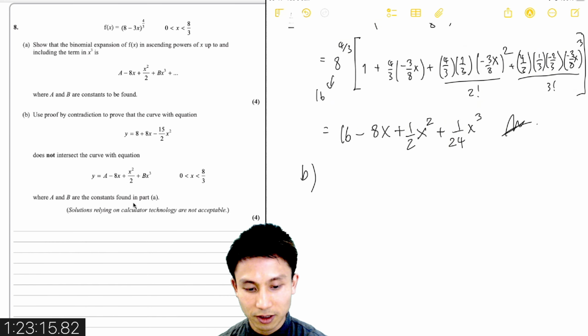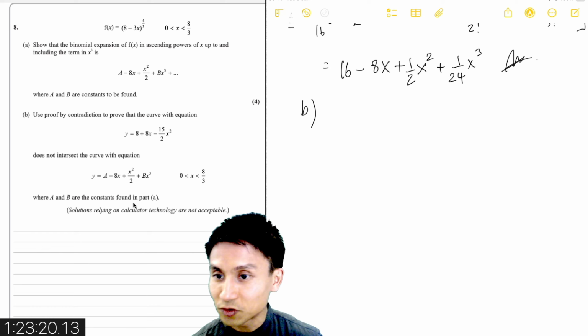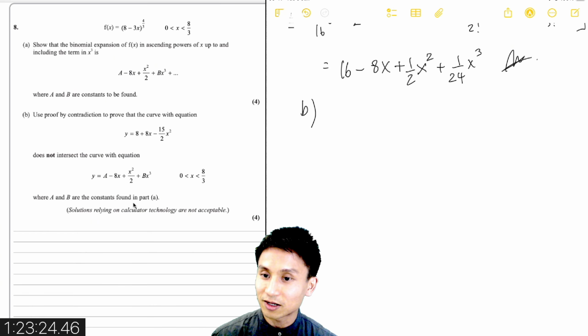Okay, so B. You use proof by contradiction to prove that the curve with equation that does not intersect the curve with equation that.